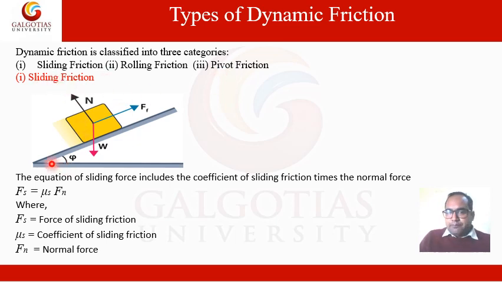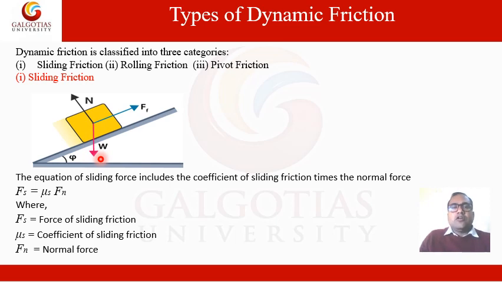Now take this picture. Consider this particular block trying to slide on this sliding surface. The equation of the sliding force includes the coefficient of sliding friction times the normal force. Let us consider this is the normal reaction force, N, and this is the force of friction, and W, the weight, also acts in the downward direction.